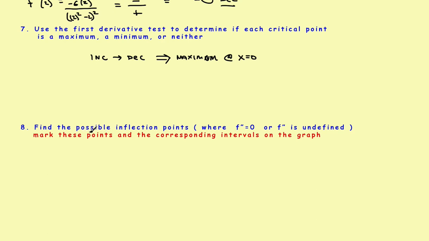So let's first go ahead and set the second derivative equal to 0, solve for x, and that'll give us the location of any inflection points. Again, let's first just write down what that second derivative was.